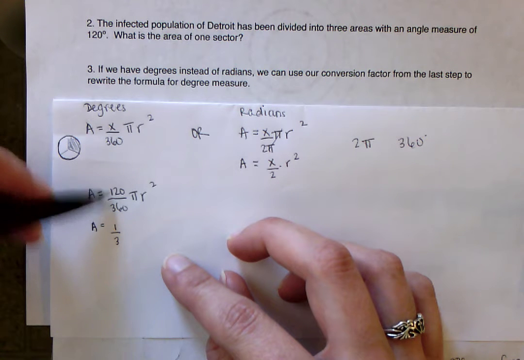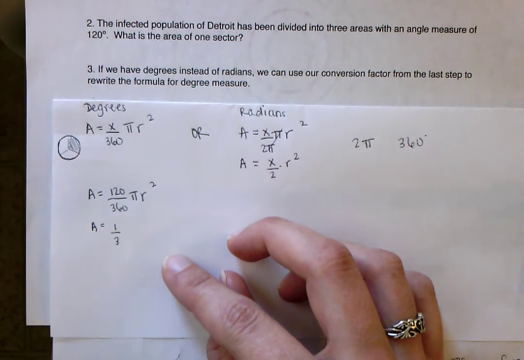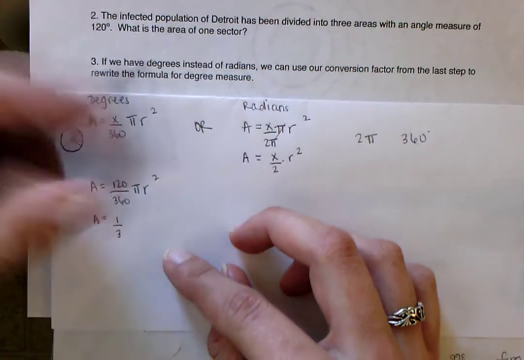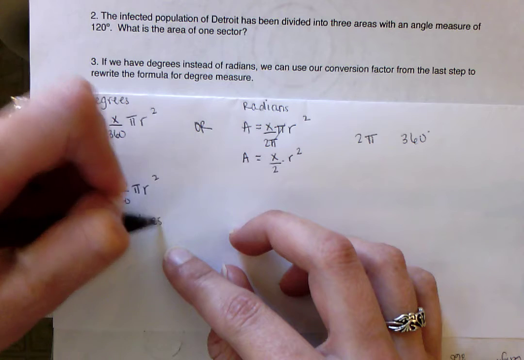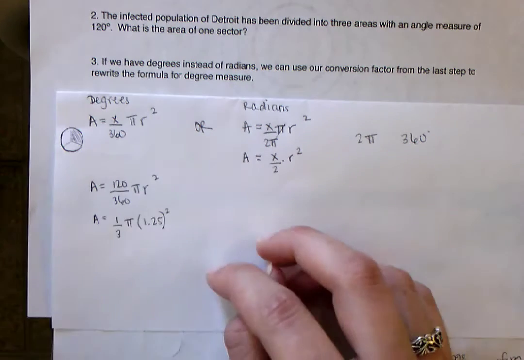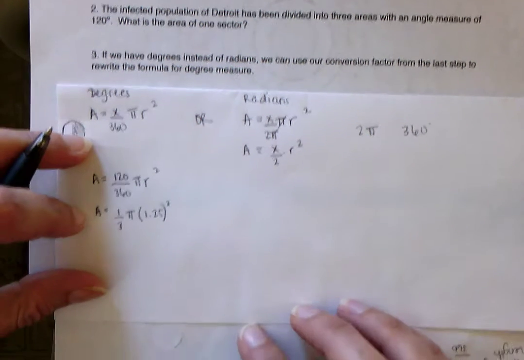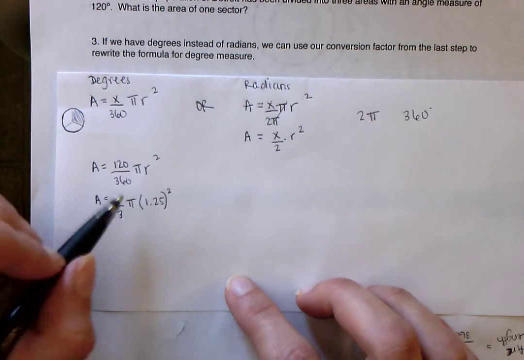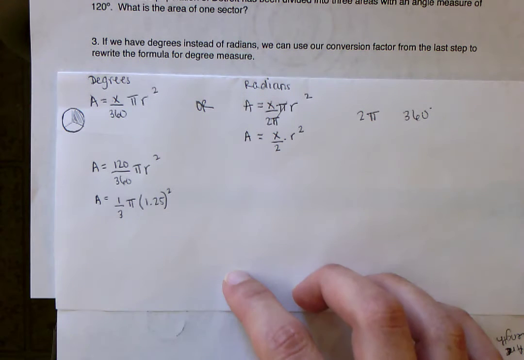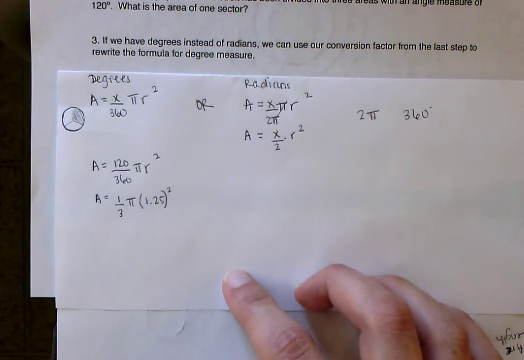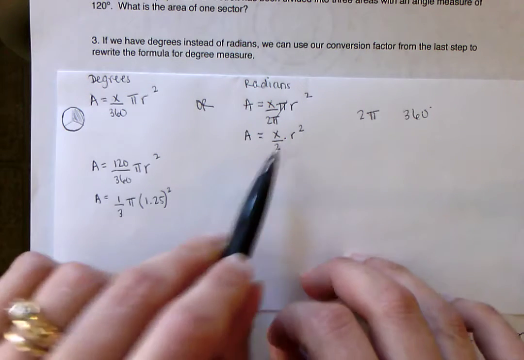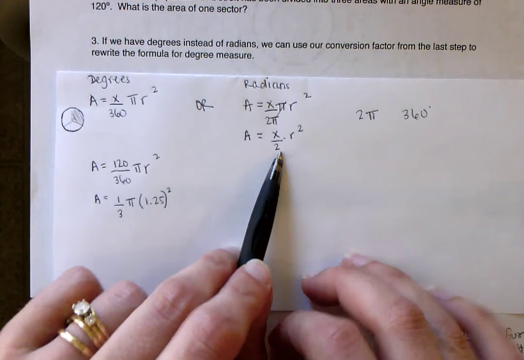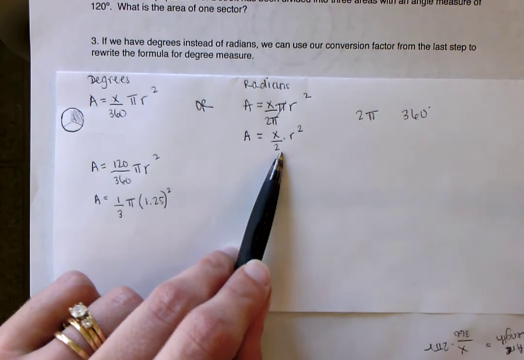So that's a third of the total area of that circle. And remember we used 1 1/4 miles for our radius for that particular, I think for day 3. So whatever that ends up being, that would be our area for that sector.